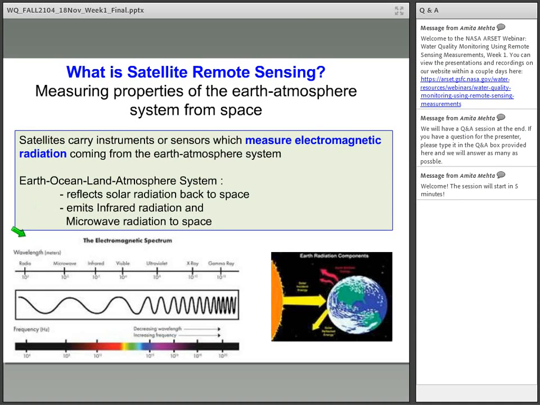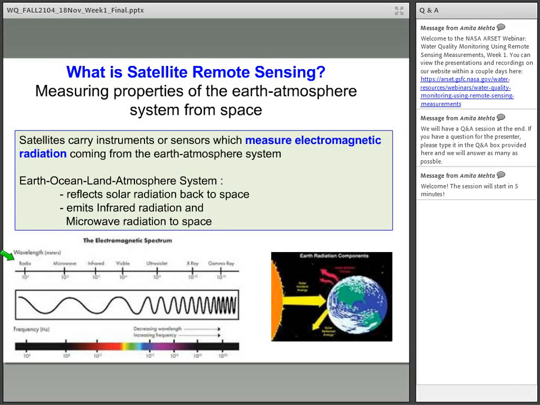The bottom part here shows the electromagnetic spectrum. It has different wavelengths. This is longer wavelength, this is shorter wavelength, as one can see, and the frequency is given here, and wavelength in meters is given here.